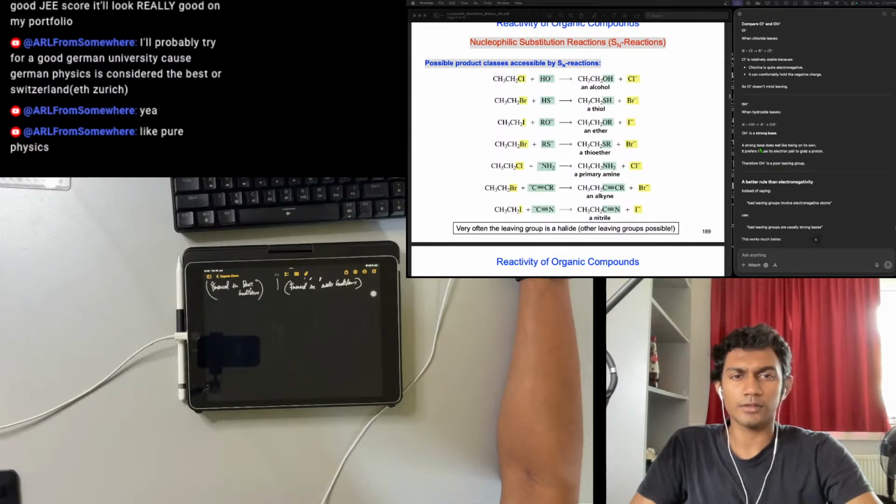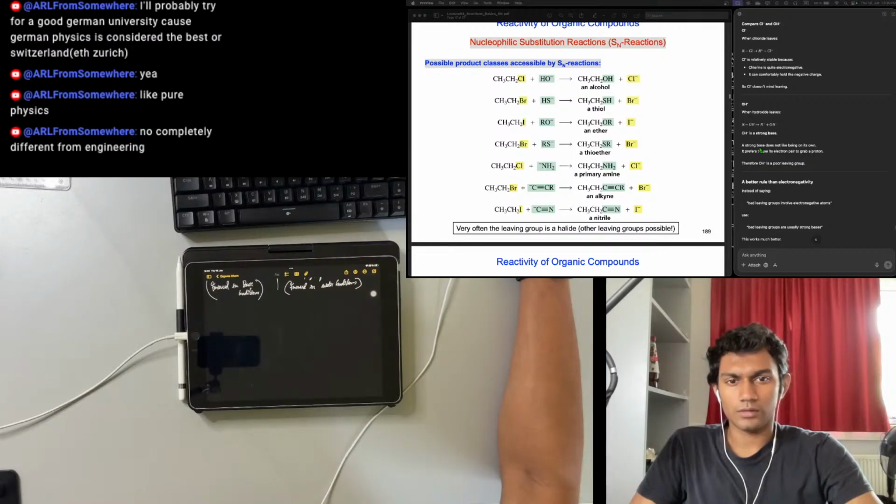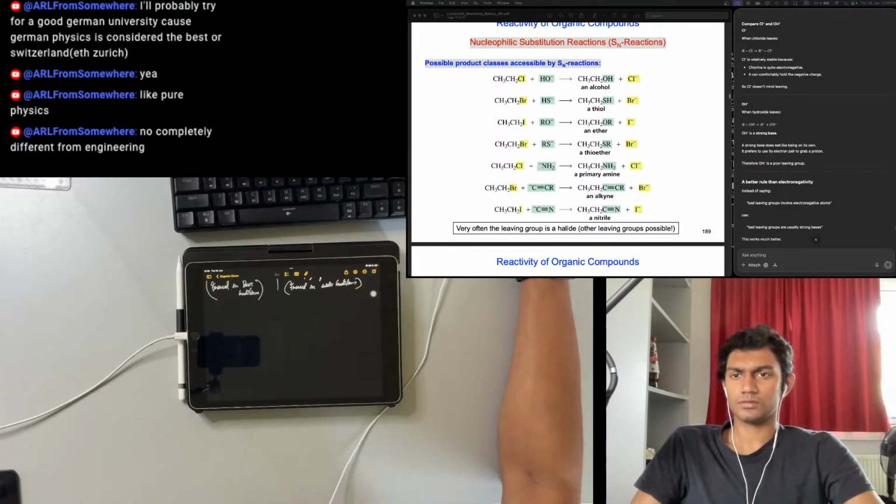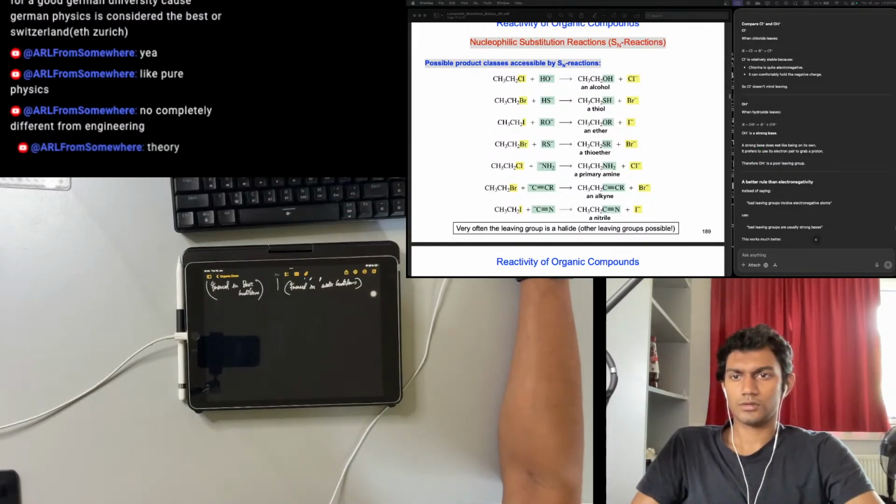So it's less about application, more about, completely different from engineering. Okay, okay. More into simulation, you could say. Theory, okay.